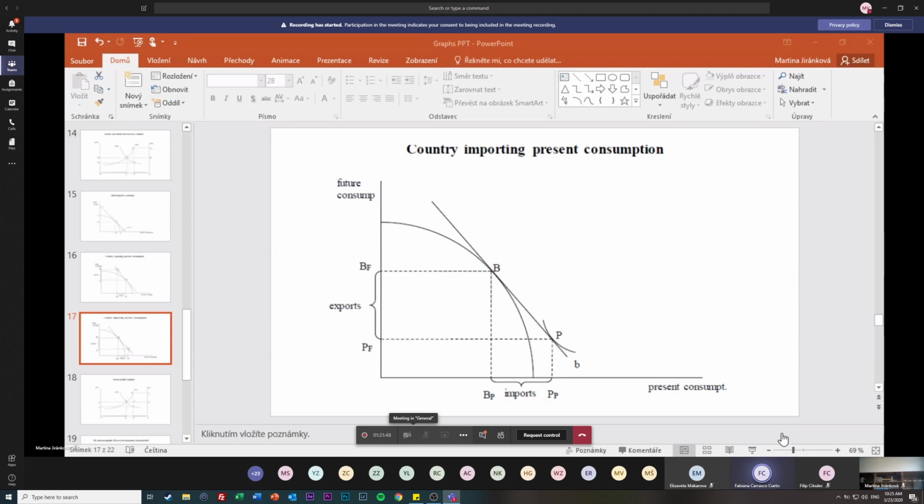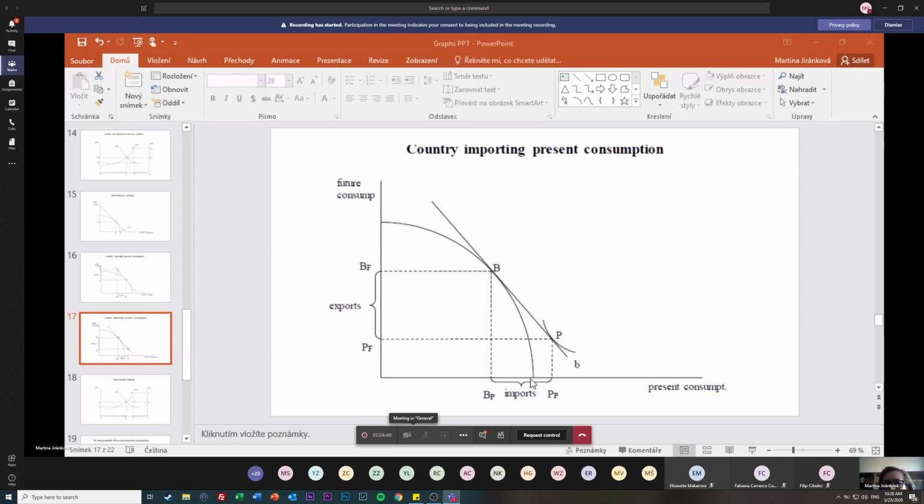So this country has its intertemporal comparative advantage in the future consumption, right? That means that this country will have to decrease its future consumption. You understand it? Because it will have to pay off the loans, inclusive interest rates.